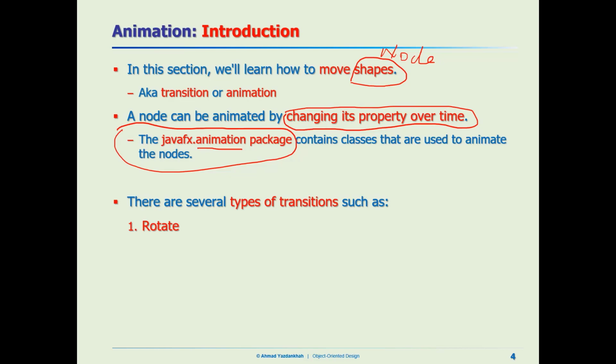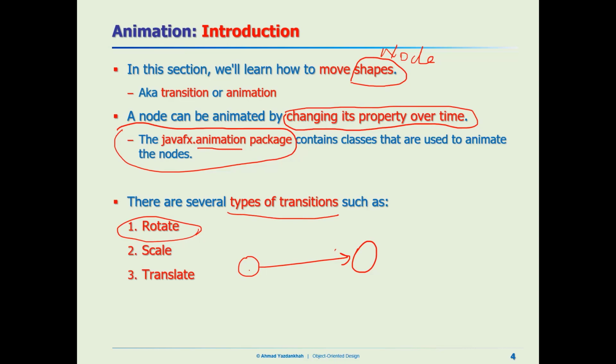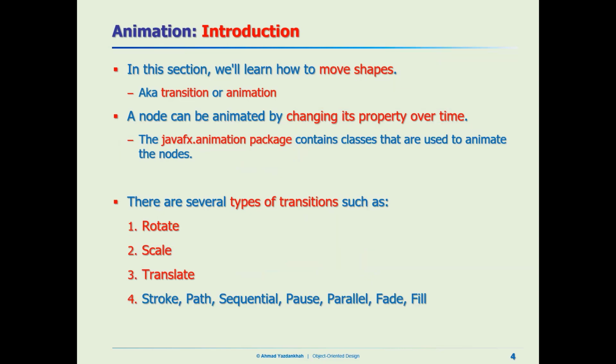So these several types of transitions or animations, one is rotating, another is scaling, changing the scale of the shape, whatever it is, and also translating. Translating means moving from here, for example, to here, right? And the other things that we have are stroke transition, path transition, sequential transition, pause, parallel, fade, fill, and etc. Right?